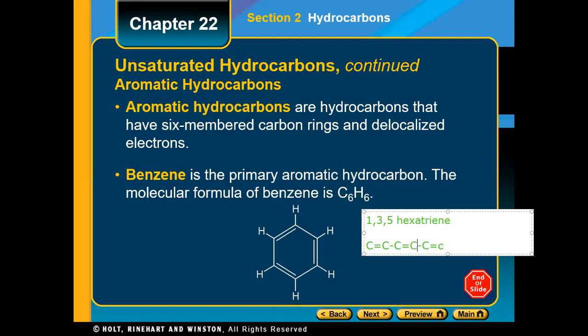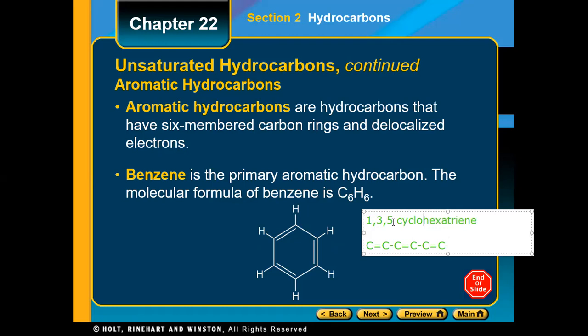You have your 6 carbons here, and you have the 3 double bonds. If I just leave it like this, this would be my formula. I have a double bond in number 1. 2, 3, I have another double bond in number 3. 4, 5, another double bond in carbon 5. But because this is what I want people to understand, I need to state that this is a cyclo. Is that clear?